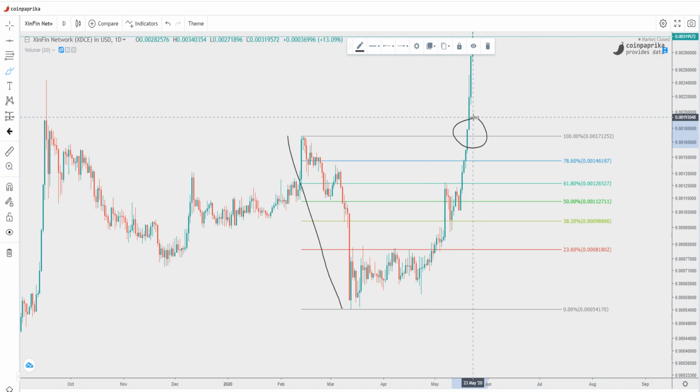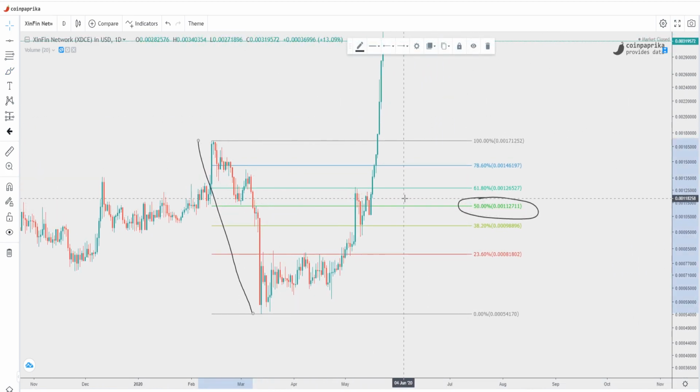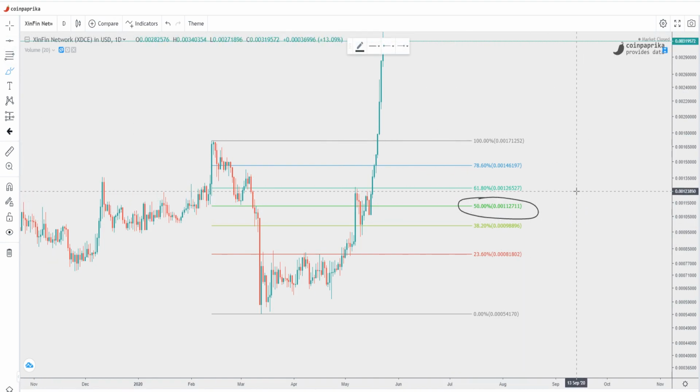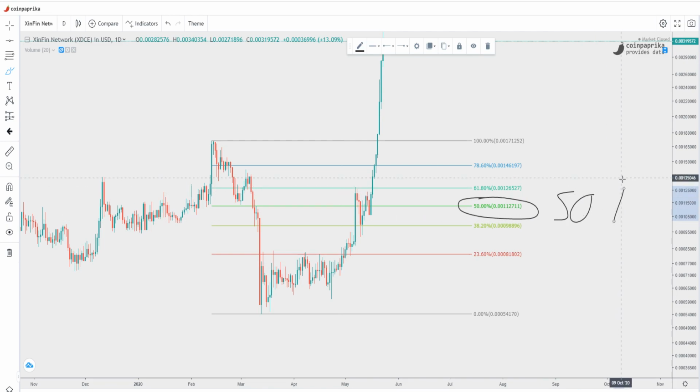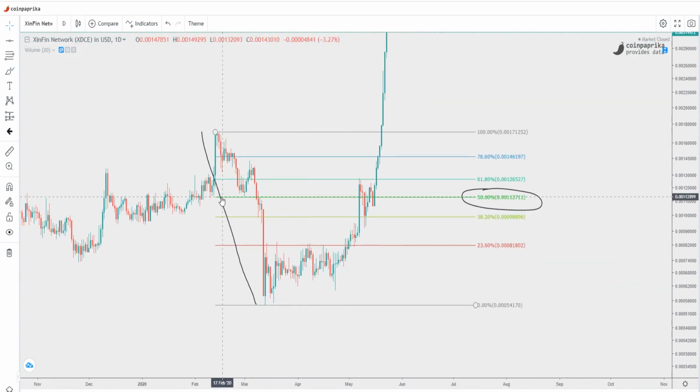The first thing we were looking for was the average price, which is 50%. 50% is not a Fibonacci ratio. Okay, this is well known. We have two things here: Dow theory for the 50, and then the bridge from one level to the other, and the bridge is going to tell us which direction the price will go.